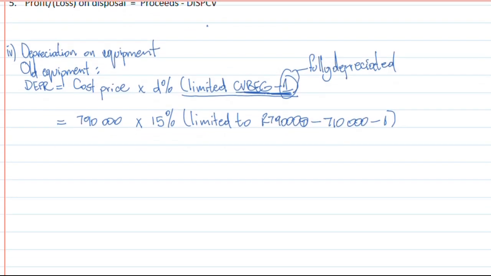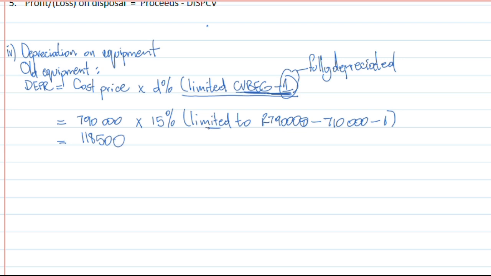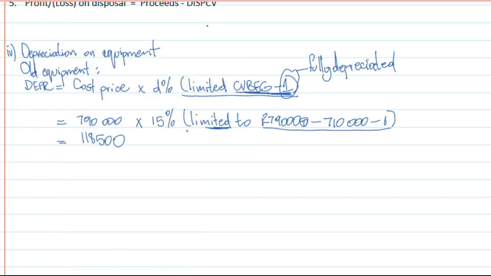So that means depreciation will be equal to 790,000 multiplied by 15% gives us 118,500 rands, but limited to 790,000 minus 710,000 minus 1 gives us 79,999 rands.